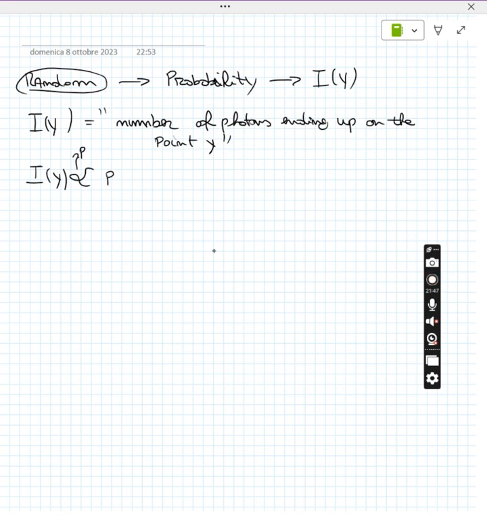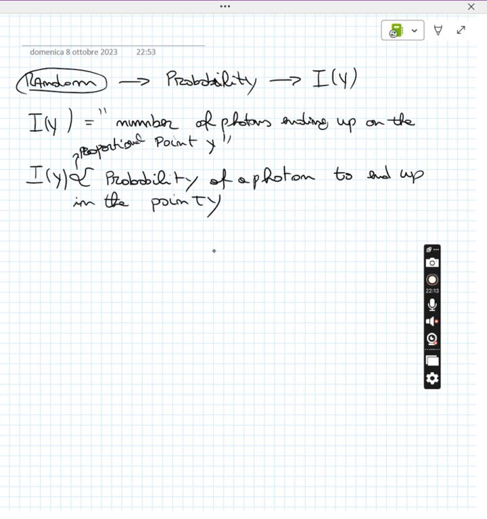And this means proportional: probability of a photon to end up in the point, right.